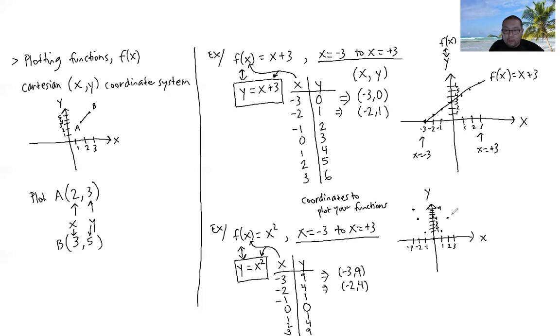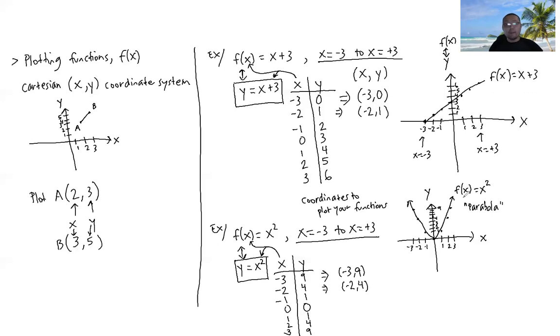So back up here. Same thing. When you connect all these with a line, hopefully I can get it straight, this is what you're going to get. And these are supposed to be touching. So this represents the curve for your function x squared. This is very common. It's actually also called a parabola. And this is what you should have gotten.